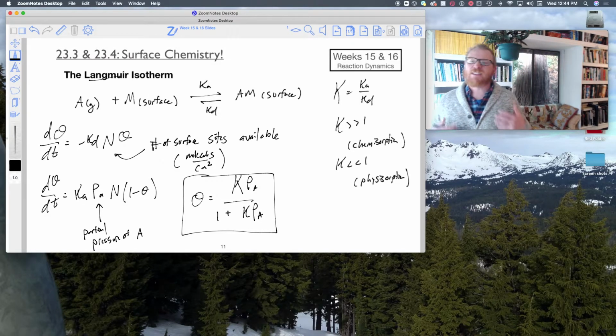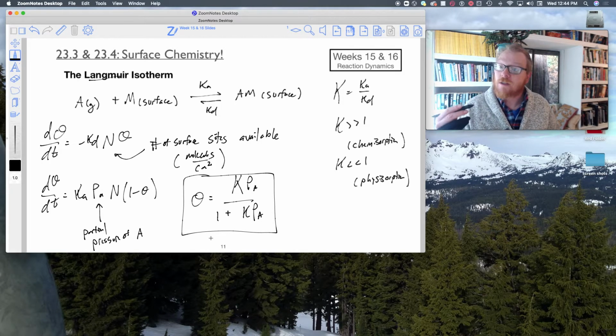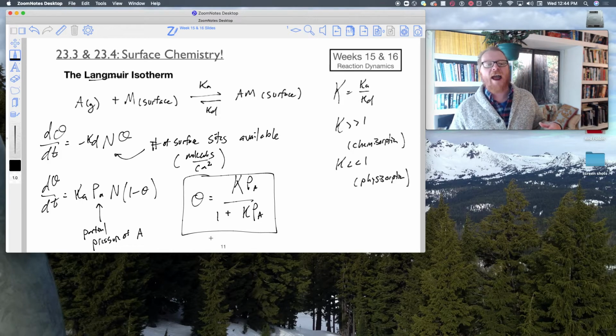And for environmental chemists like myself, we use stuff like this in large global climate models as a means of saying, well, if I have a salt particle floating around in the air, or an organic particle floating around the air, so a surface, right? What do I expect its surface coverage to be in terms of water, or this molecule, or that molecule, okay?